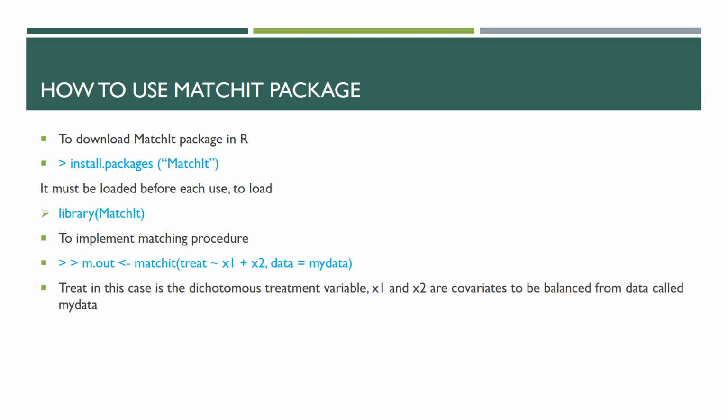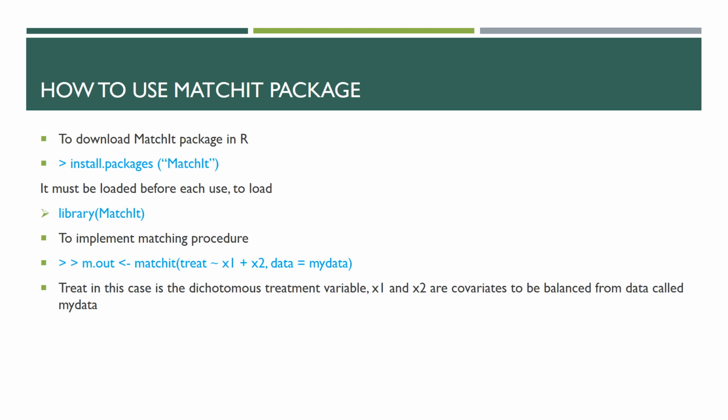Treat in this case is the dichotomized treatment variable. In this data, x1 and x2, as the name indicates, are covariates to be balanced from the data called mydata, and this is just the name of the data set, mydata. You can call it anything or whatever your data set is named.